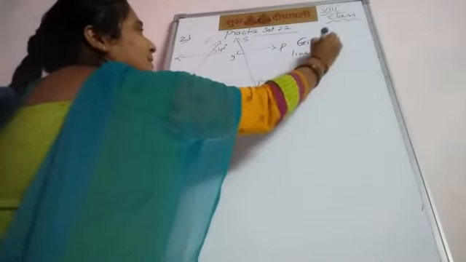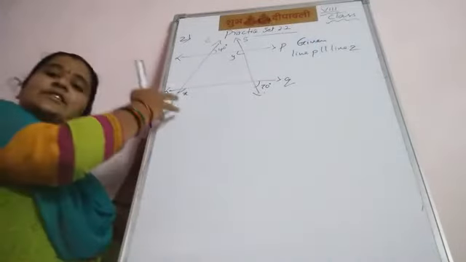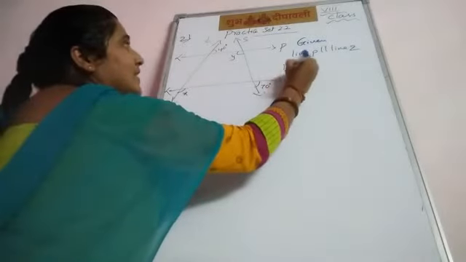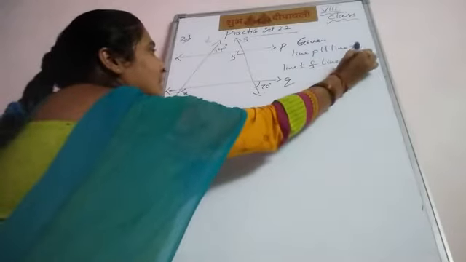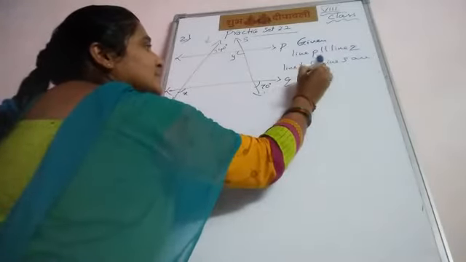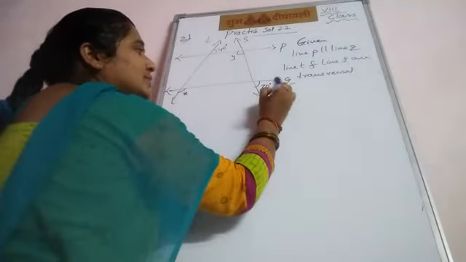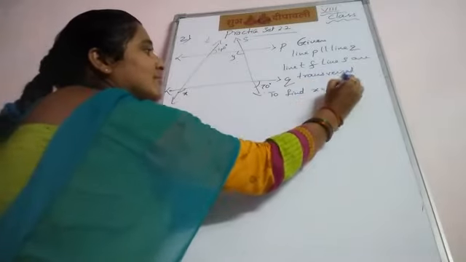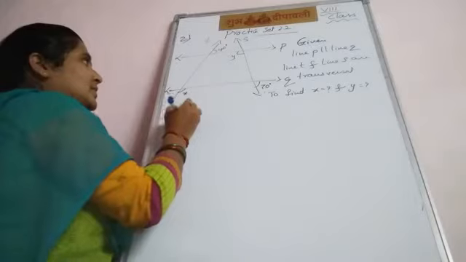Line P is parallel to line Q. In this figure, we have two transversals, line T and line S. And what has to be found? To find x and y. Okay, how to solve? Solution.